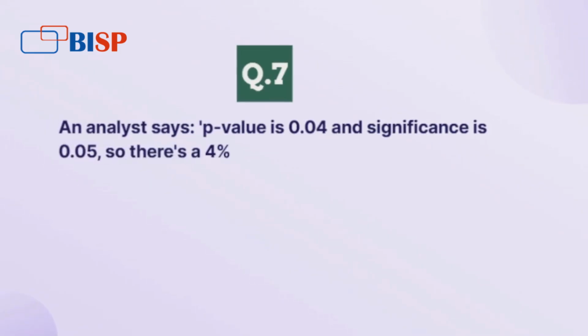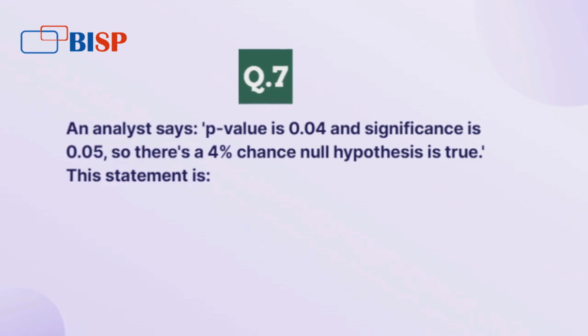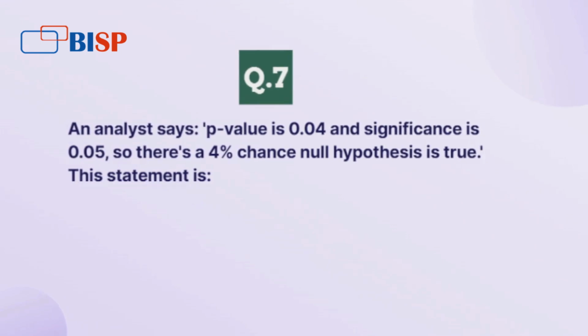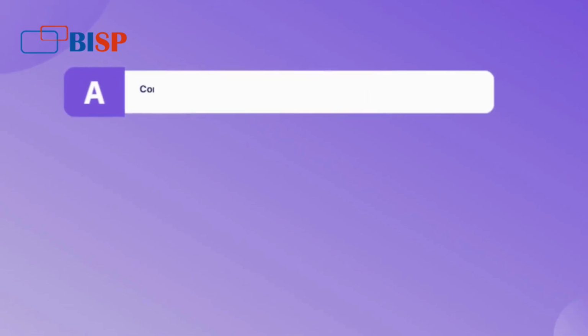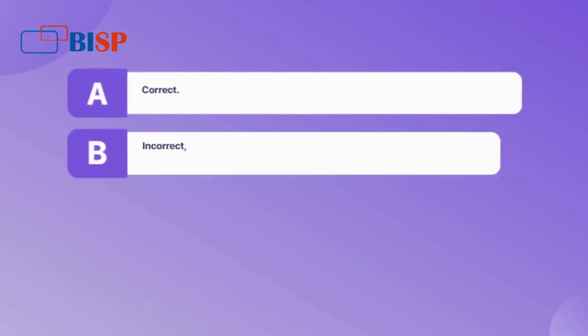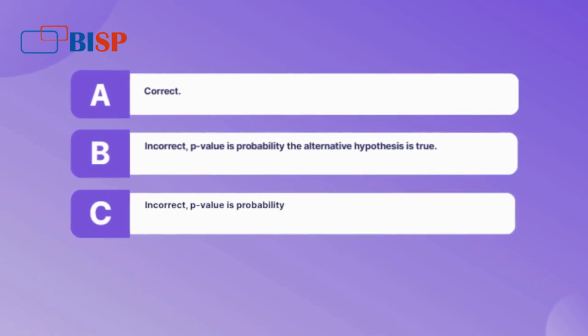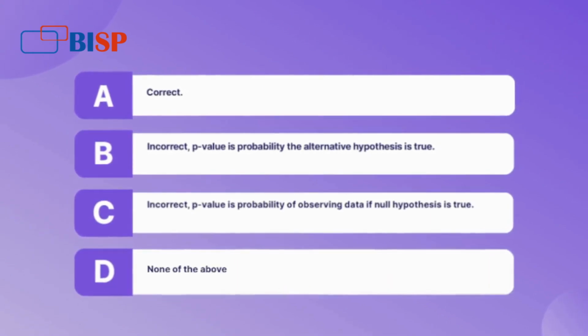An analyst says, p-value is 0.04 and significance is 0.05, so there's a 4% chance the null hypothesis is true. This statement is A. Correct. B. Incorrect. P-value is the probability the alternative hypothesis is true.